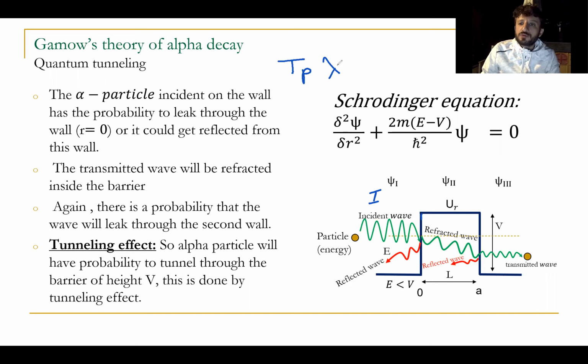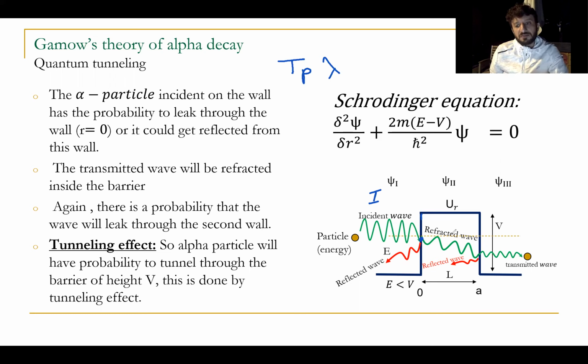Here, I want to show the motion of the wave in the first region, in the second, and the third. Schrödinger equation gives us the solution of the wave function of each particle. First of all, the incident wave on the first wall of the barrier: a part of this wave will be reflected back, and the second part will be transmitted.